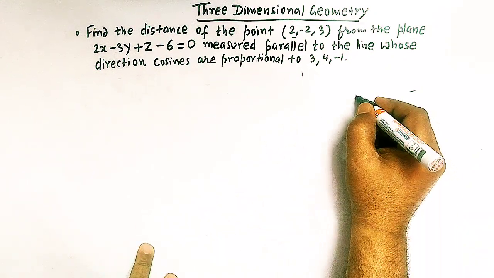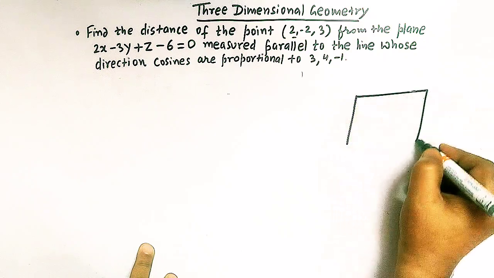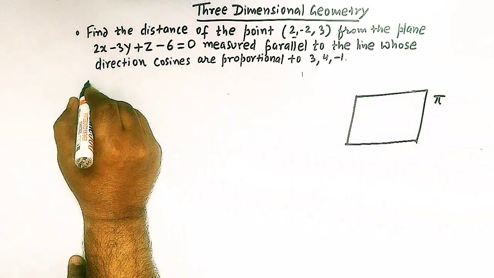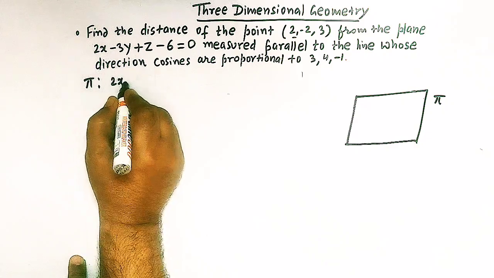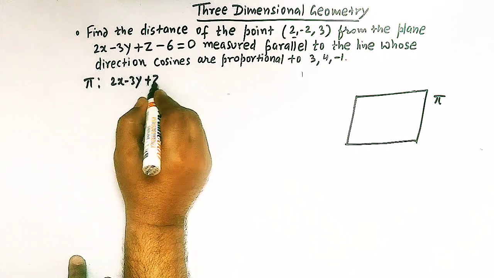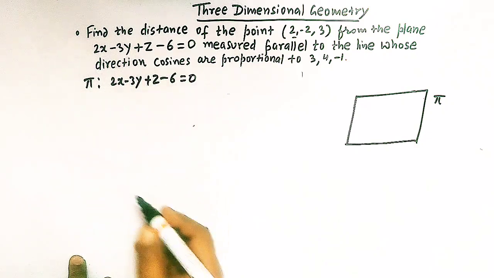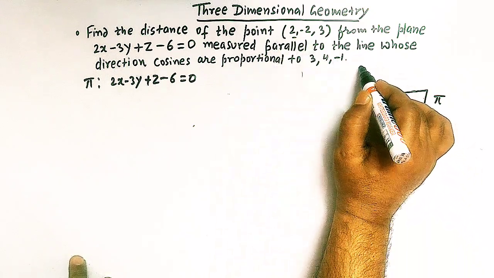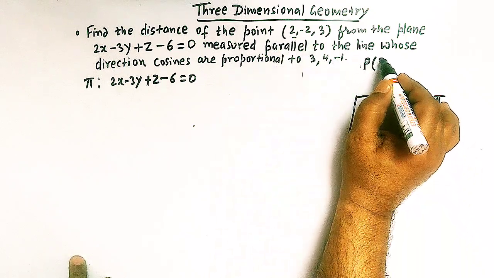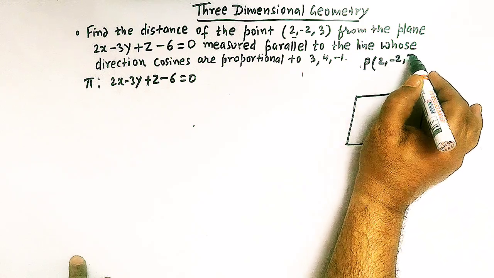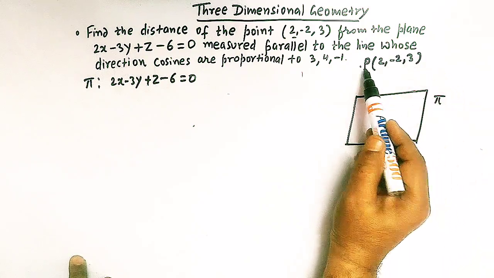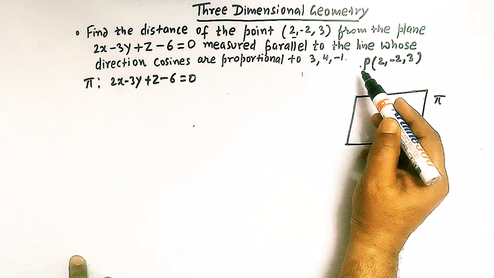Now here we are given a plane, say pi, and the equation of the plane is 2x minus 3y plus z minus 6 is equal to 0, and we have to find the distance of this point, say point P, 2, minus 2 and 3, from this plane pi.